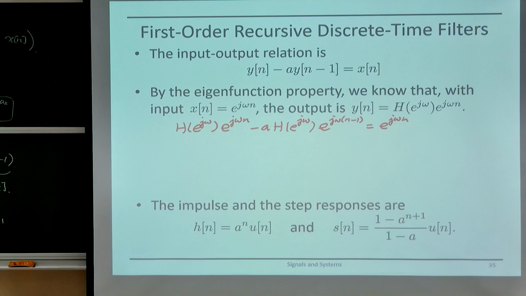Okay? So if you cancel out the common terms, e^{jωn}, right? And by moving the terms around, eventually you can solve for the frequency response to get 1 over 1 minus a times e^{-jω}.